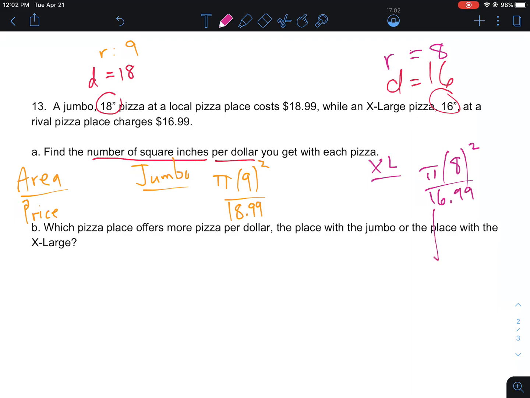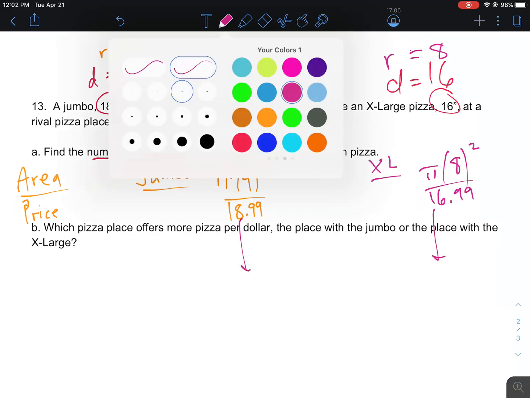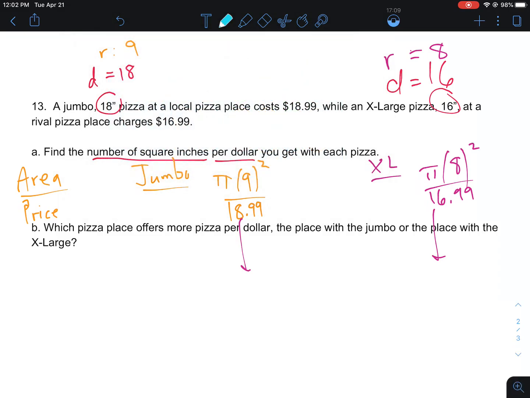So the price per square foot of these two pizzas, the jumbo one is going to come out to 13.4 square inches for every $1 spent, whereas extra large comes out to 11.83 square inches for every dollar spent.